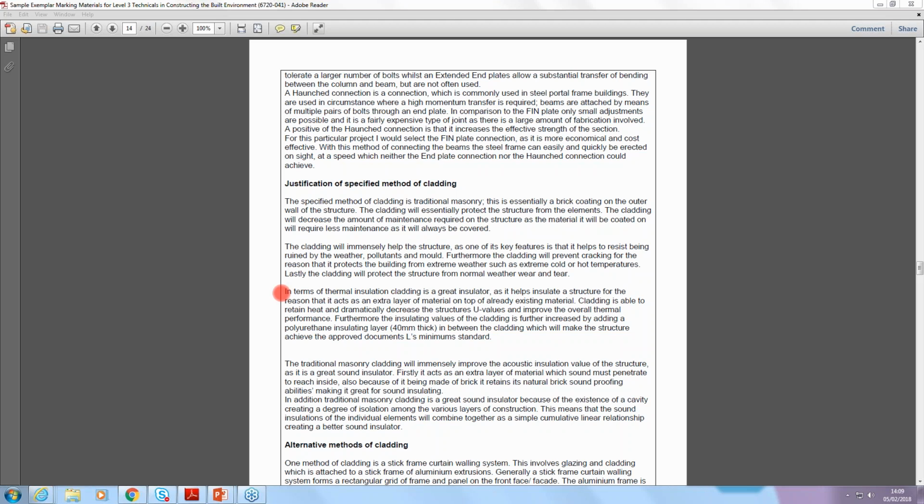It's more about what the cavity creates and what we can do with the cavity. So it then goes on to say the structure's U value is improved, the overall thermal performance, and it goes on to state that by adding polyurethane insulation, it would improve the thermal value.